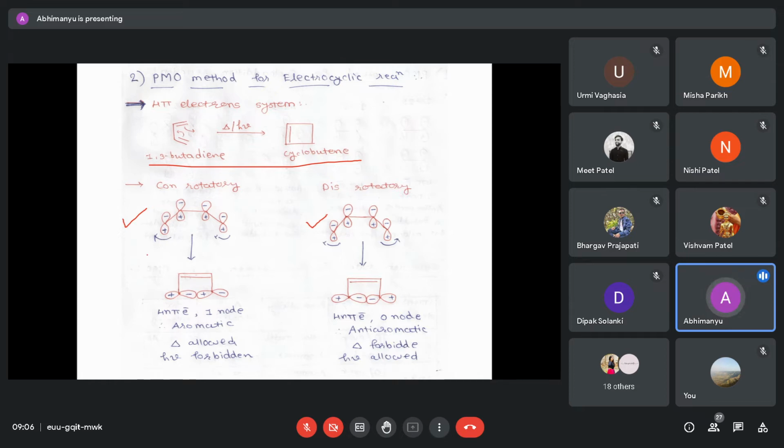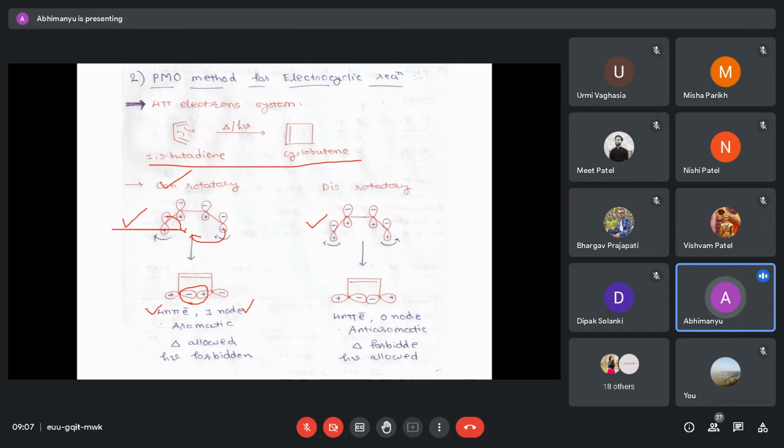In the conrotatory system, bond formation is possible. Minus, plus, no, bond formation is not possible here, you can see that. So we can say that for 4n pi electrons, one node is present in conrotatory.